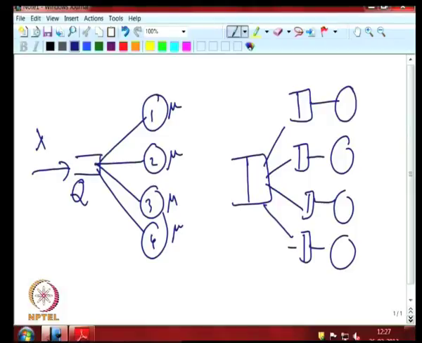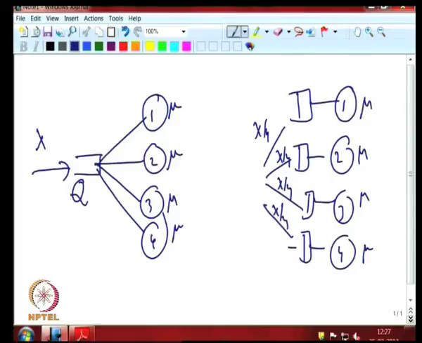Basically, in some sense, we will remove this part, it is not necessary. So instead of lambda, I have lambda by 4, let us say. So this is 1, 2, 3, 4.